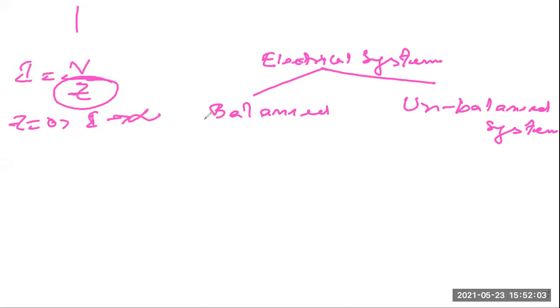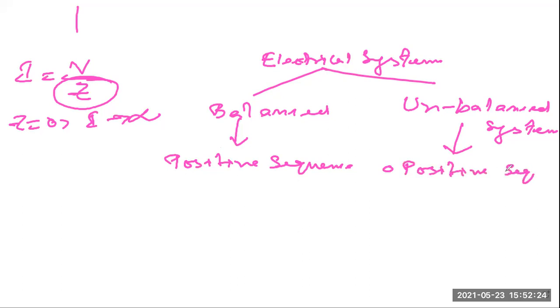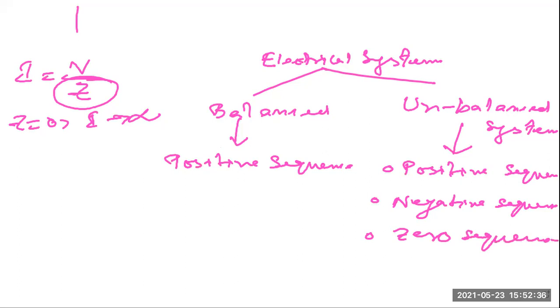Now, for the balance system, we have to understand that only positive sequence component will be present. But for the unbalanced system, there will be positive sequence, negative sequence, and zero sequence. This diagram itself makes it clear which kind of sequence impedance will be present in which network.